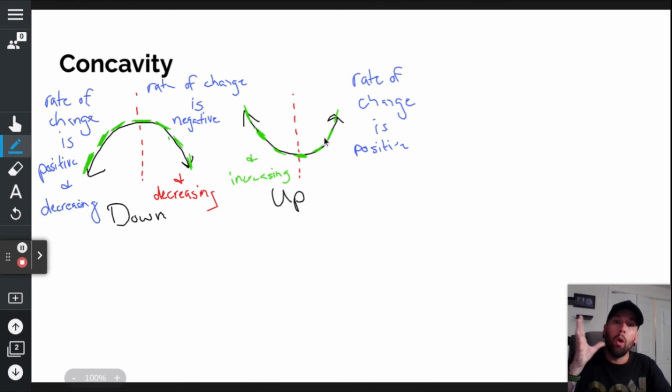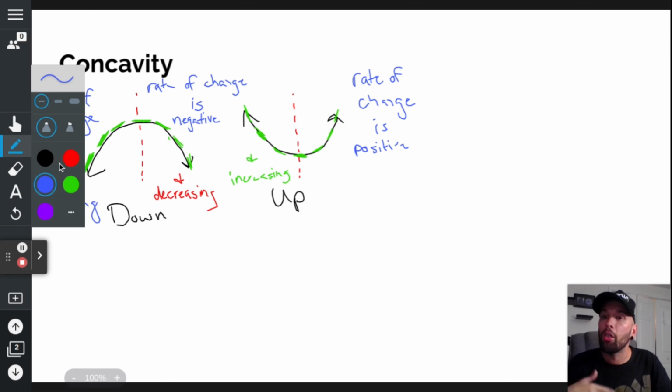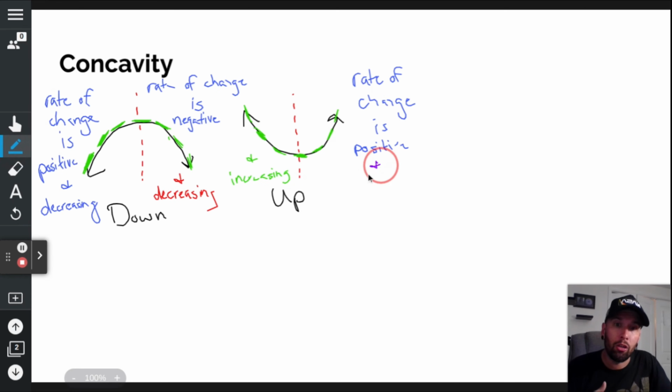However, what is my rate of change doing? Well, my slope, as I continue moving to the right, is a positive slope, steeper, positive, which means on the right side, my rate of change is increasing.